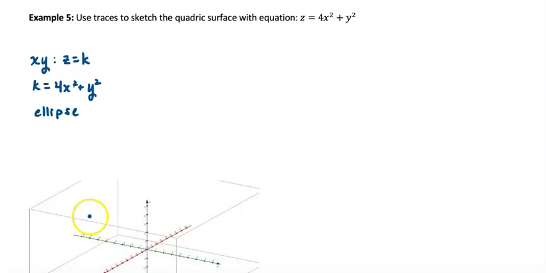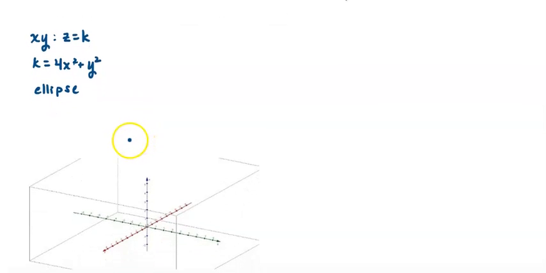And now let's sketch as we go. So with this ellipse, we know that the major axis is the y. And if we just plug some of those values in, well, it's a little bit difficult because when k is equal to 0, this just comes to a point. But we have a trace that is an ellipse whose major axis is y. Let's make note of this.